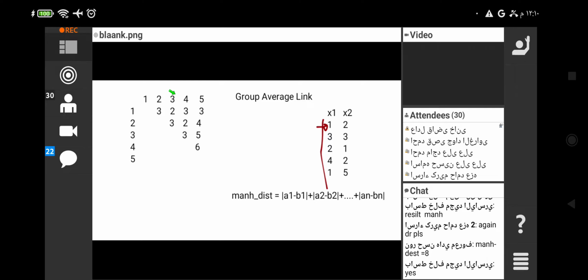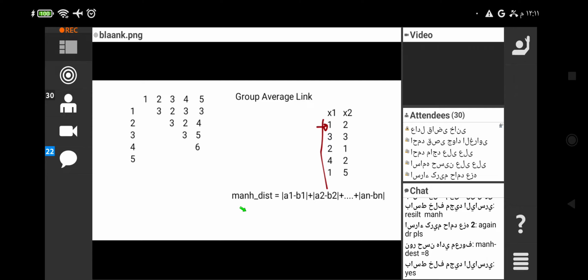Okay, I think you are making a mistake. Let me write an example for you. For example, data 1. The first data has 2 dimensions: 1, 2.